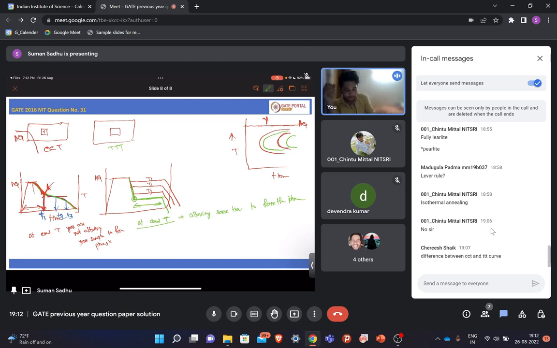In TTT you are giving it some time to form the phase. Here you are not giving time, you are continuously decreasing the temperature and at a certain time you are quenching it and then checking what fraction has transformed. So that is why your CCT curve will be a bit to the right side of the TTT curve. Understood?